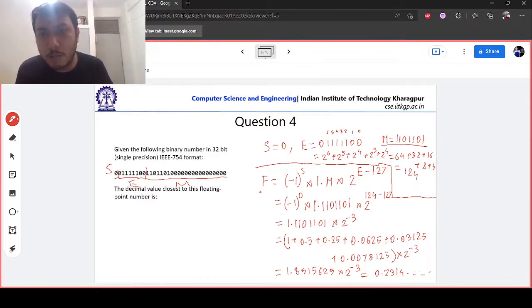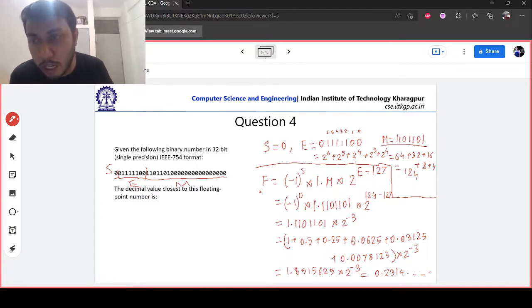So the corresponding number in decimal can be written as: f equals minus 1 to the power of s into 1.m, m is the mantissa part, and into 2 to the power of e minus 127, e is the exponent part.